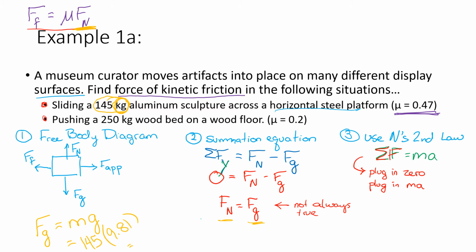This is 1,422.45. I like to keep all my decimals until the very end, so that's why you always see me write all my decimals. Now what?